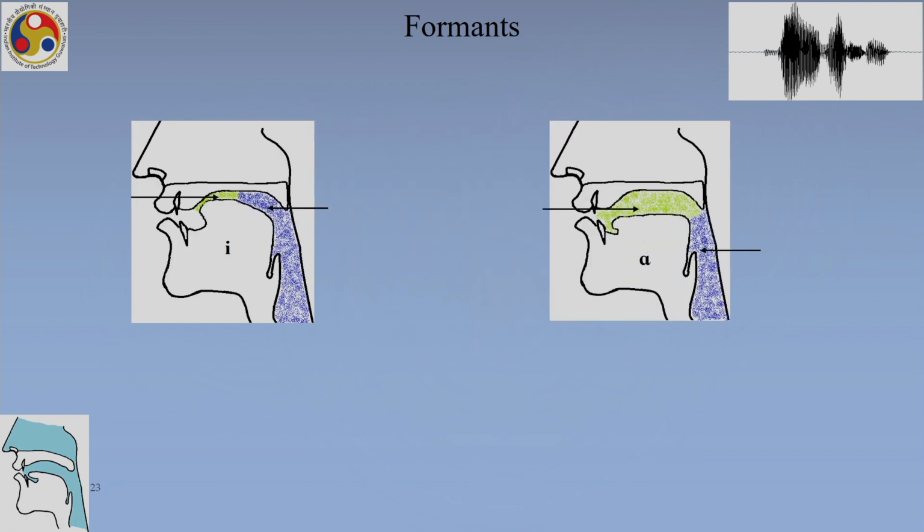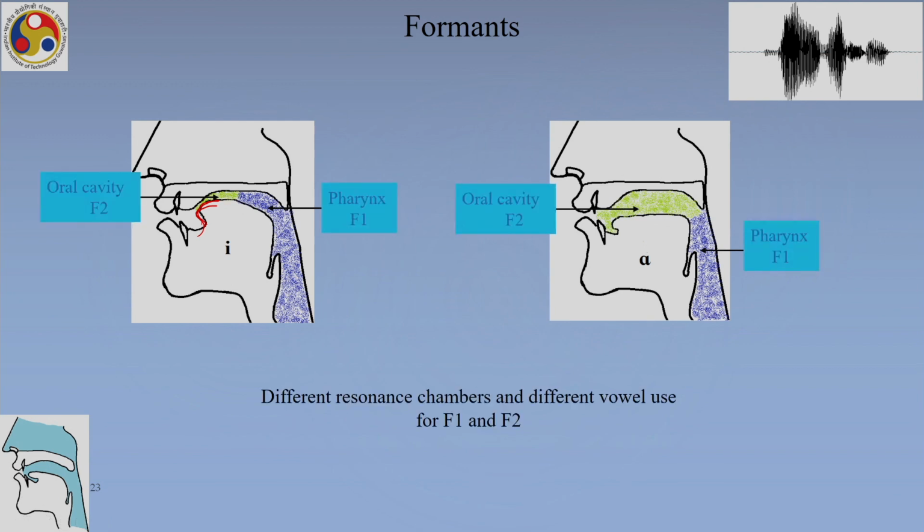Here you see that we have two vowels, one is E and one is R. In the production of E, you will see that we have a region in the front part of the mouth where the tongue is at a higher position, unlike R, where the tongue is at a lower position, and both the pharyngeal cavity and the front cavity are large, unlike the first vowel. So these are the resonant chambers.